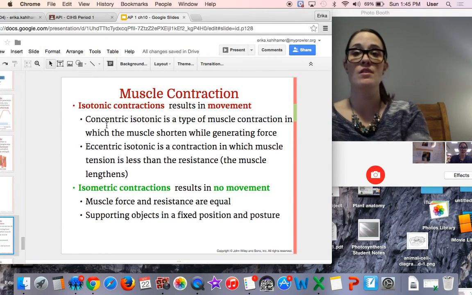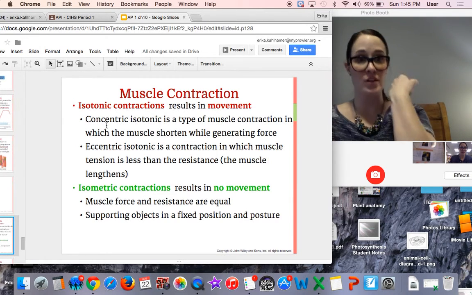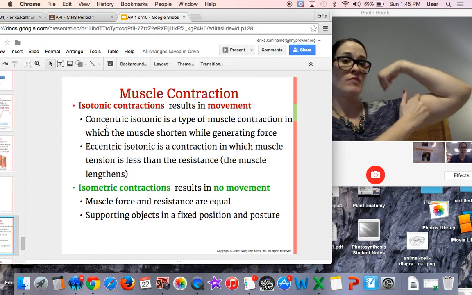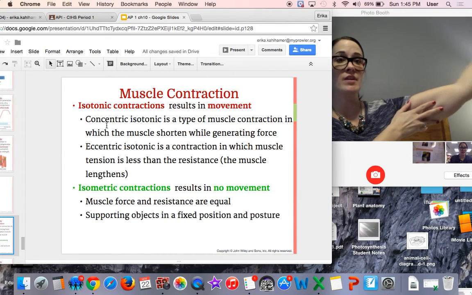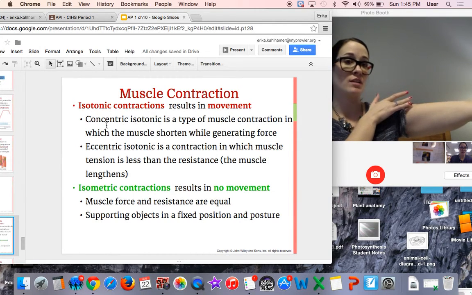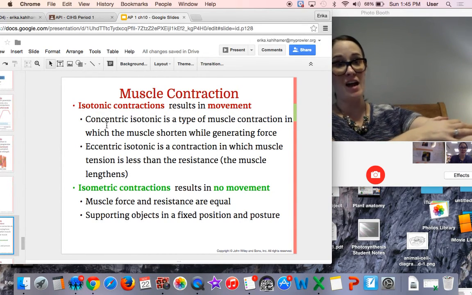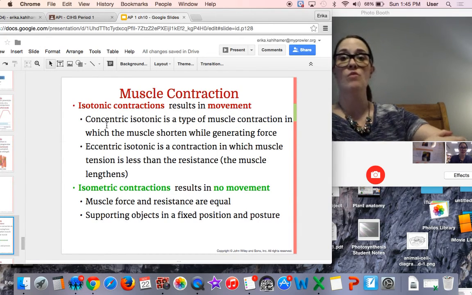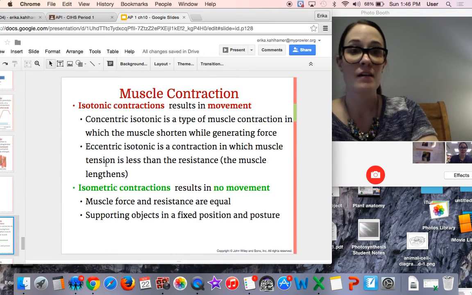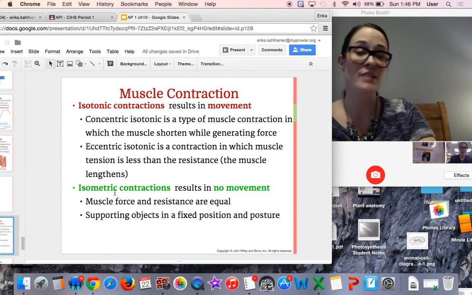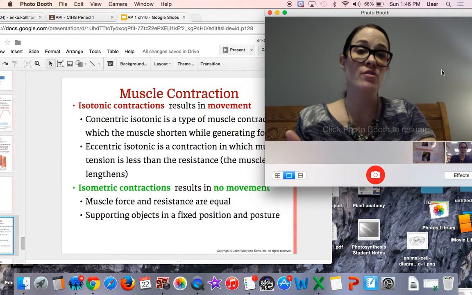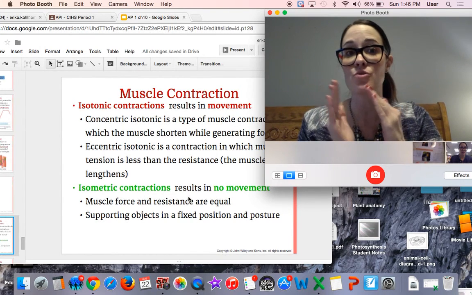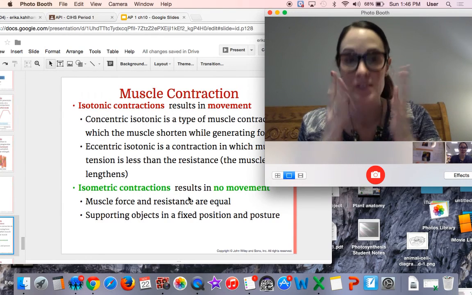Concentric is when the muscle shortens while it generates force, okay? So shortening in length would be like flexion right here. Eccentric is the lengthening. The muscle's actually lengthening right here, but if I'm still holding a weight or a book, it's still contracting, okay? Another example of a contraction is isometric. When the muscle itself is actually not moving, it's not getting shorter, it's not getting longer, but it's still working.